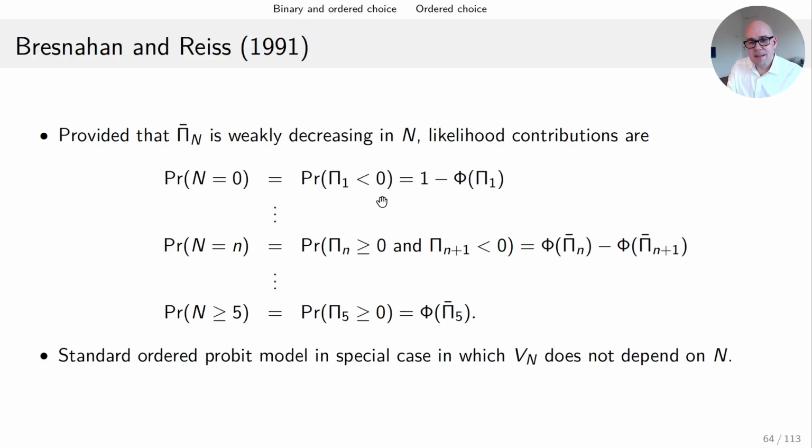The probability that pi 1 bar plus epsilon is less than 0 is the probability that epsilon is less than minus pi 1 bar. So this should be a pi 1 bar.